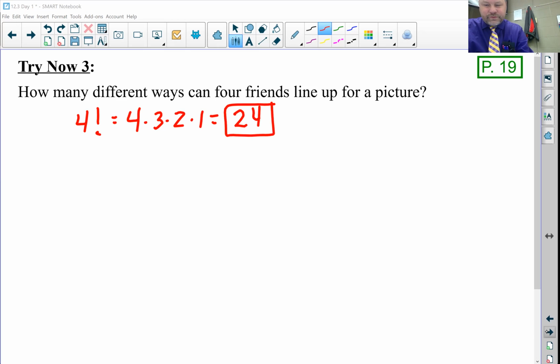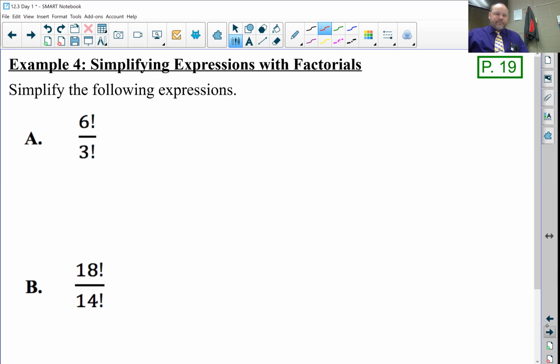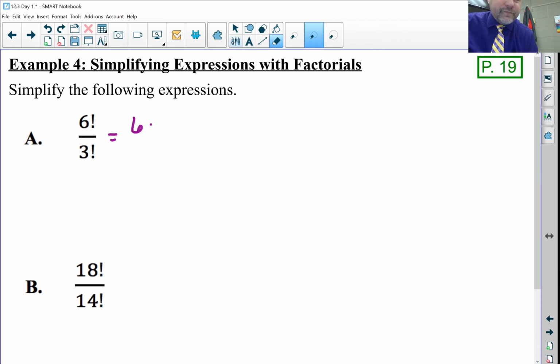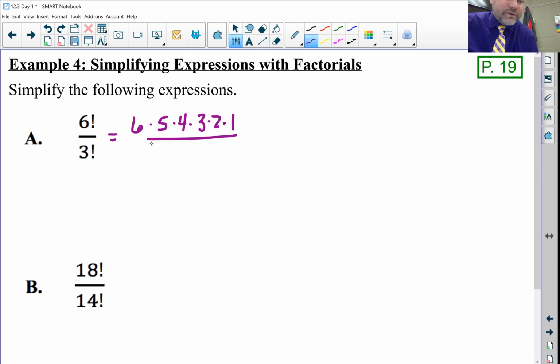And with factorials, you can do some kind of interesting calculations. So if I took 6 factorial divided by 3 factorial, I'm going to write it out longhand first, and then we'll look at a way that you can shorten that up.